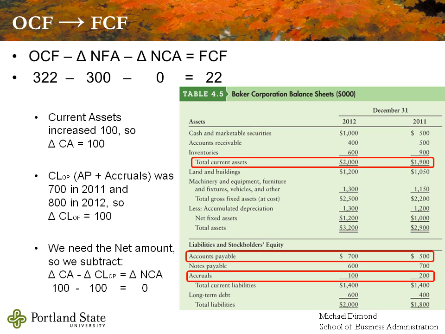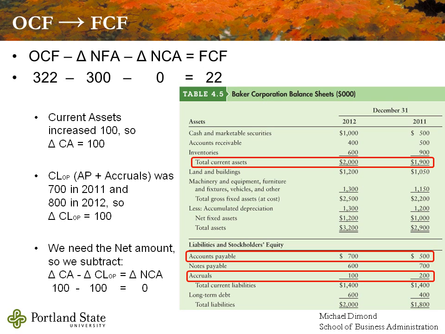I'll look at the total current assets and see how they have changed. Total current assets for the company increased by $100. Then we'll look at our accounts payable and our accruals. Accounts payable and accruals in 2011 add up to $700. Accounts payable and accruals in 2012 add up to $800.